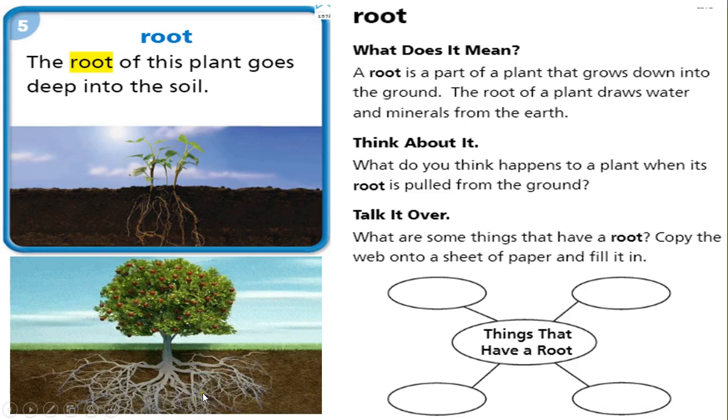They all are soaked in the soil and transferred using the roots. So, a root is a part of a plant that grows down in the ground. Look over here. It grows into the ground. The root of a plant draws water and minerals from the earth.